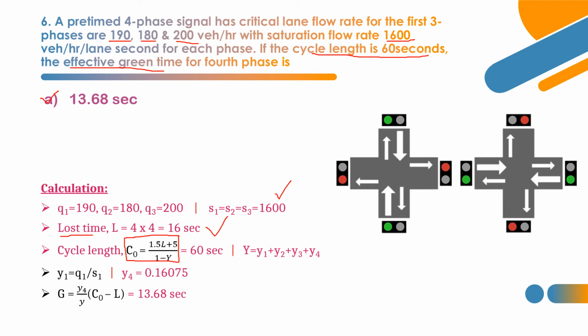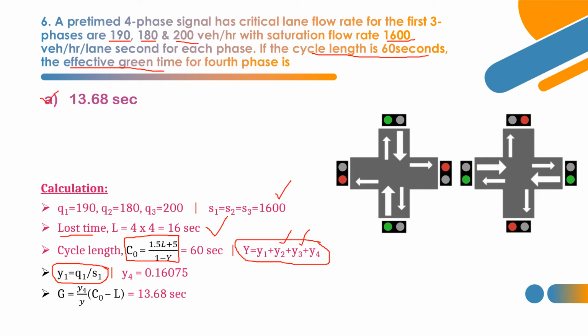How to calculate capital Y? By using this formula, the summation of all the flow ratios. The flow ratio is given by Y1 equals Q1 by S1. Q1 is 190, and S1, S2, S3 are one and the same, 1600. So 190 divided by 1600 gives one answer. Similarly, we calculate Y2 and Y3.